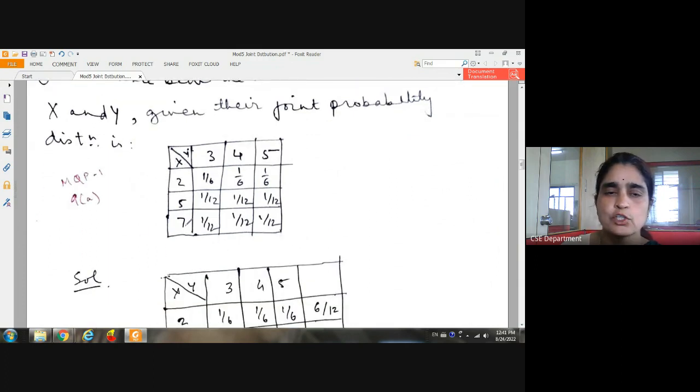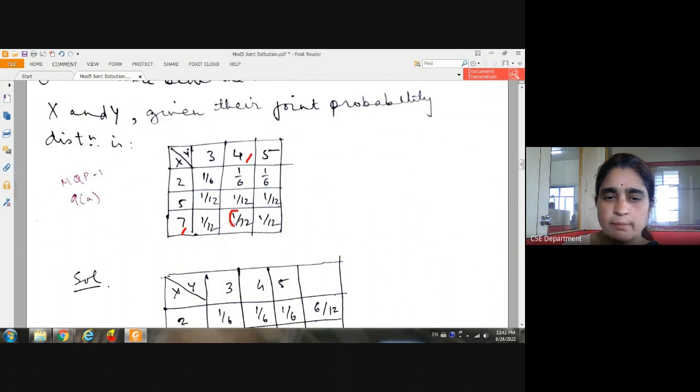So this is the joint probability distribution. X can take values 2, 5, 7. Y can take values 3, 4, 5. Just to see that you have understood, what is the probability that x takes value 7 and y takes value 4?